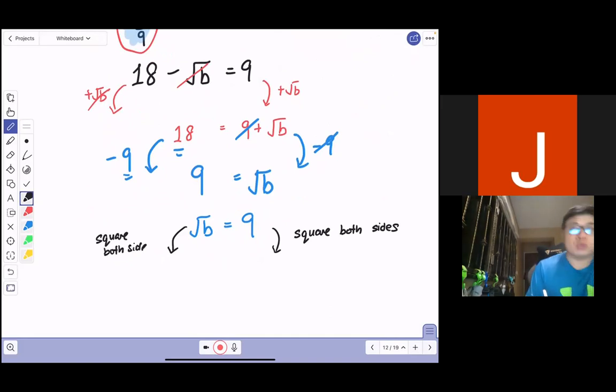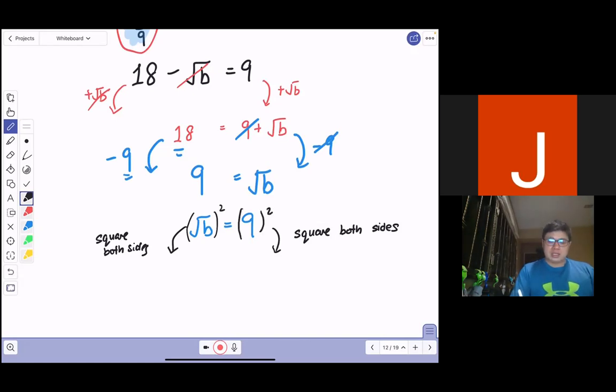In order to get rid of a square root sign, the trick is to square. So when I square both sides, the square root and the square will cancel out. 9 square gives me 81, and the square root and the square will cancel each other out. This will give me the answer: b is equal to 81. Okay, thank you.